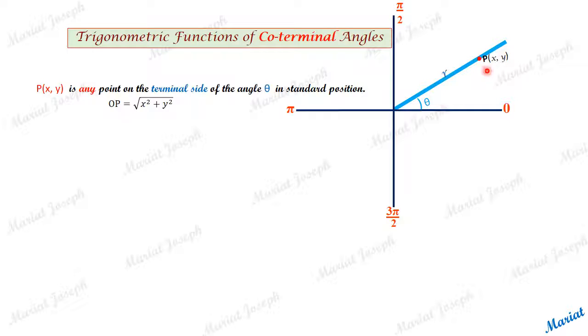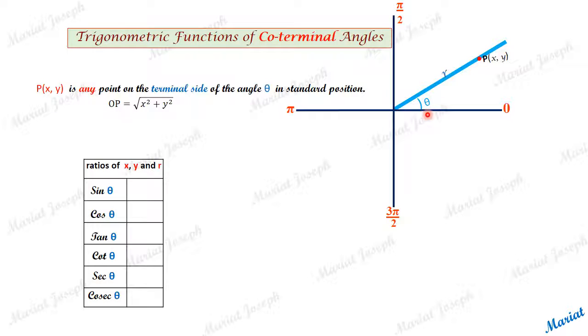The distance of P from the origin, called r, can be calculated using the distance formula: the root of (x minus 0) whole square plus (y minus 0) whole square, which is the root of x square plus y square, that is equal to r. Using these three numbers, the trigonometric functions of this angle theta are defined: y by r, x by r, y by x, x by y, r by x and r by y respectively. All possible ratios. This is the definition of trigonometric functions.